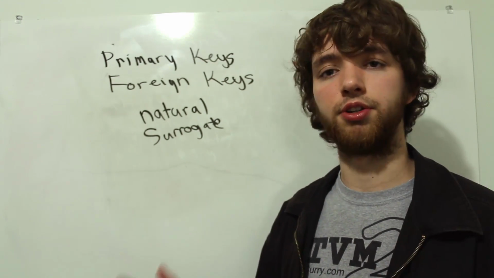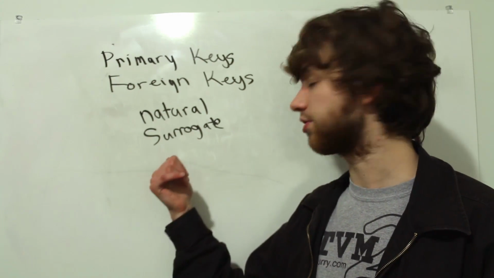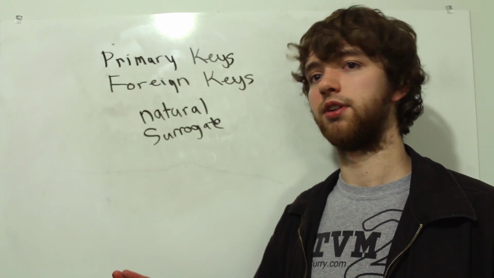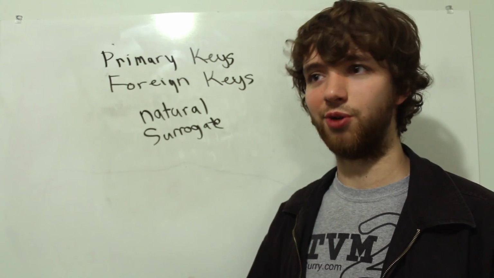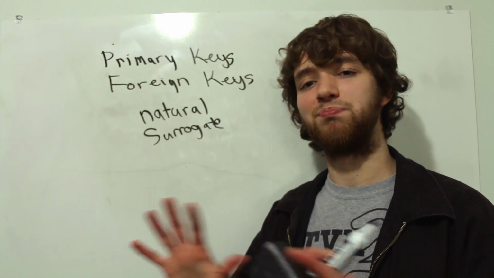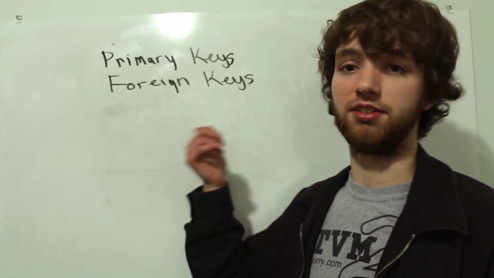It's not a super huge deal in reality. I tend to prefer surrogate, but I'm not completely against natural, so just for those of you who are wondering, natural or surrogate. But that doesn't matter. So let's just talk about primary keys and foreign keys.